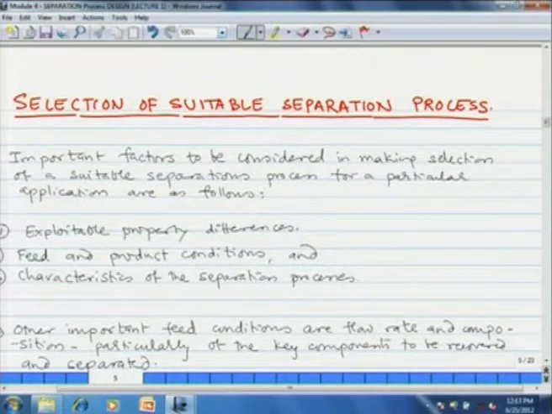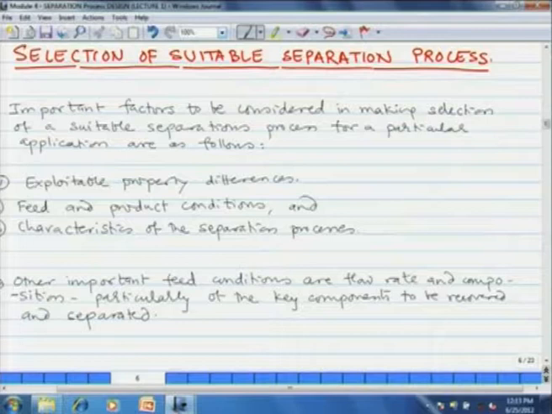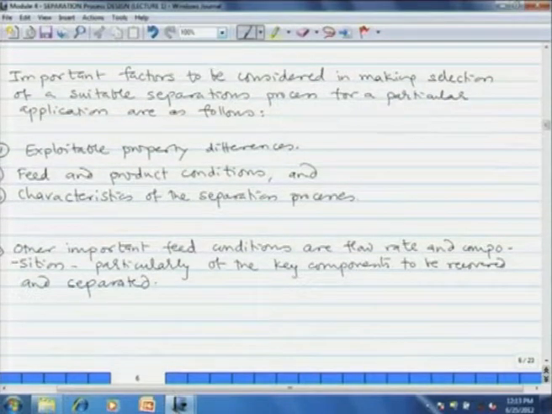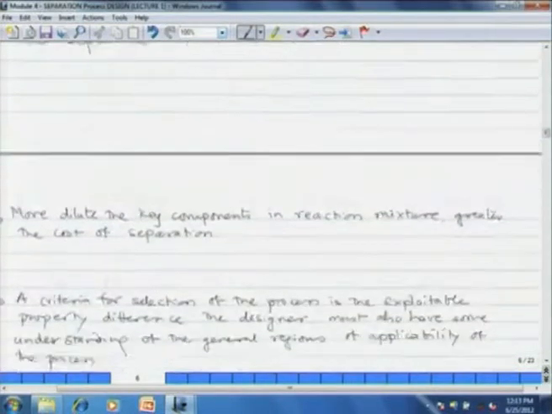Then the characteristics of the separation process. Other important feed conditions are the flow rate and composition, and particularly the key components that are to be recovered and separated.